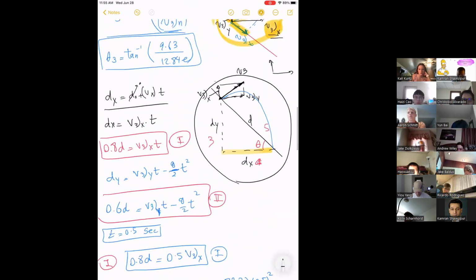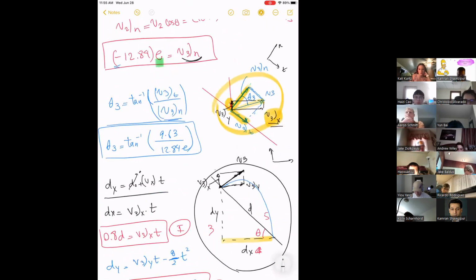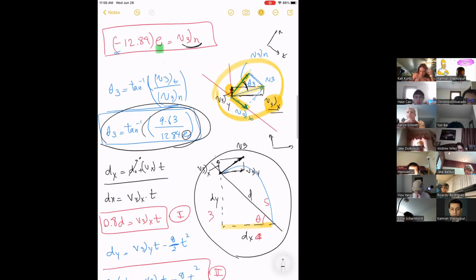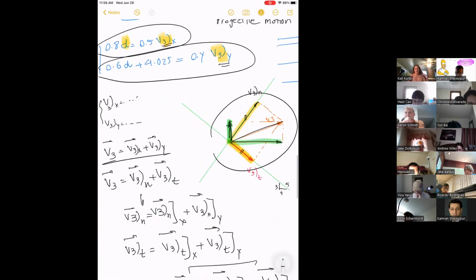I try to find the angle so I can get x and y, but the angle has tangent of theta in it. If we knew theta, if the problem had given us theta, it was easy. If we could get this angle, get the horizontal and vertical, it was very easy. But because theta is not given, you cannot go with tangent of theta and try to get sine and cosine. It's very complicated, right? It's highly nonlinear. You cannot solve it. That's why I go back to these two components, get their x and y components and add them together.